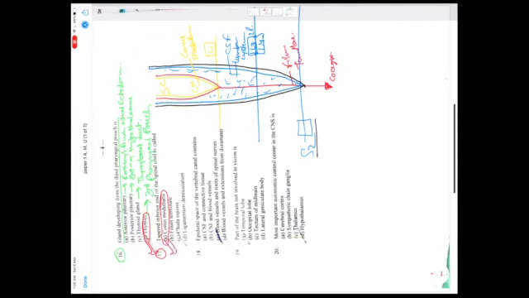Filum terminale, I have already mentioned, is an extension of this pia mater. And don't forget that the pia mater between each spinal segment also gives these lateral extensions, called the ligamentum denticulatum. These are 21 pairs.